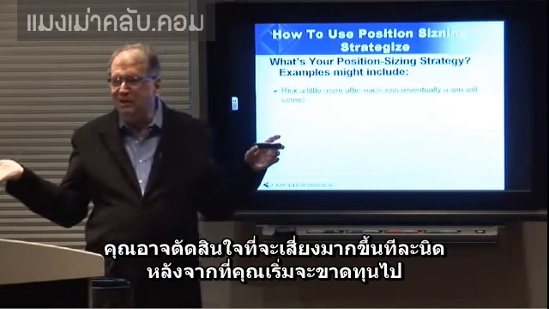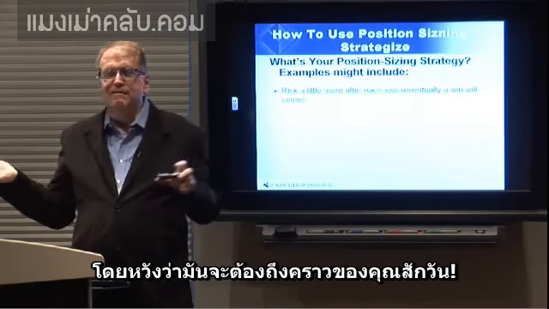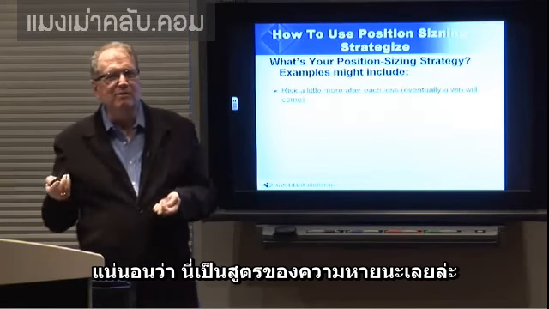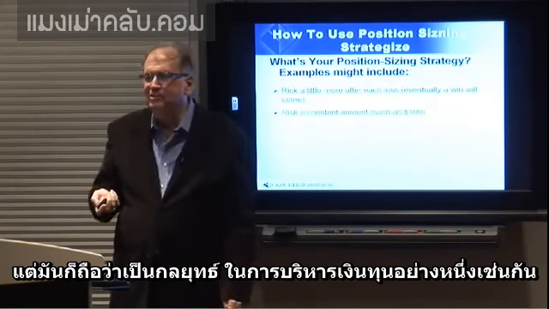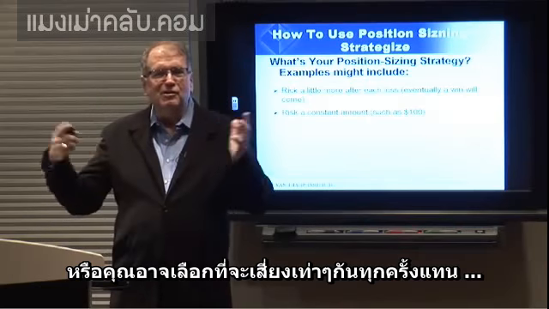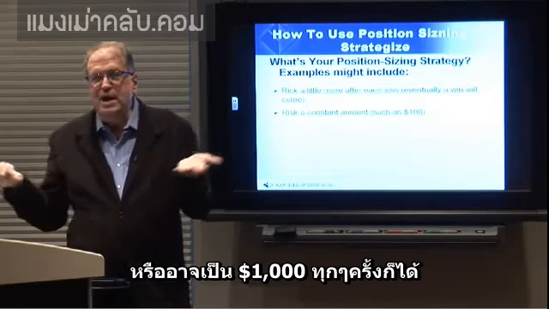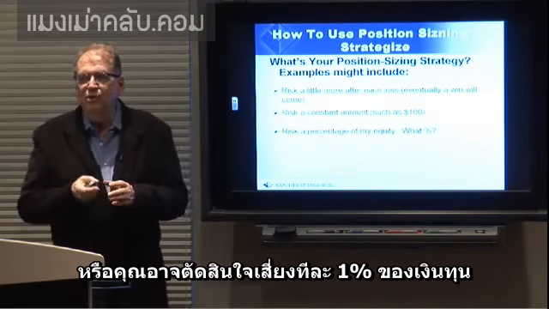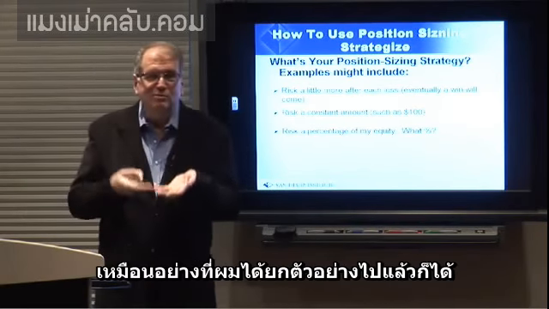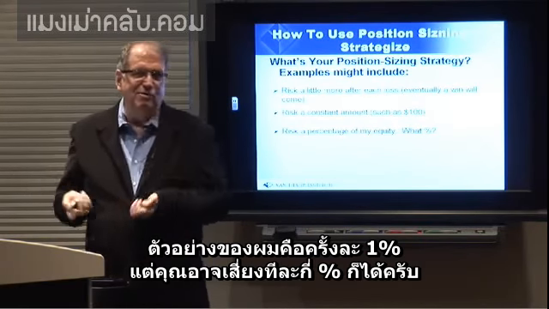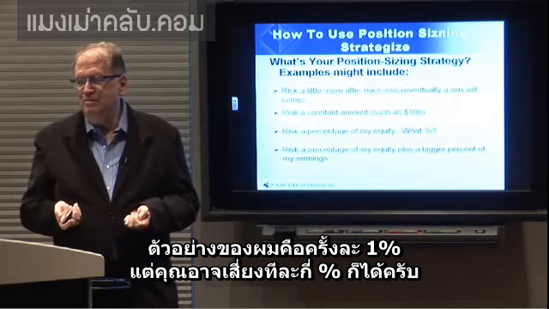You might risk a little more after each loss, and eventually a win will come. That's a recipe for sure disaster, but it's a position sizing strategy. You could risk a constant amount, $100 on every trade, or $1,000. You could risk a percentage of your equity, which was the example I gave earlier. Could be any percentage, but I gave you the example of 1%.